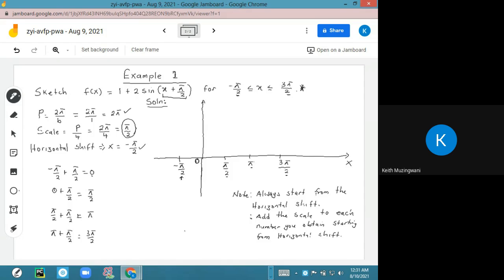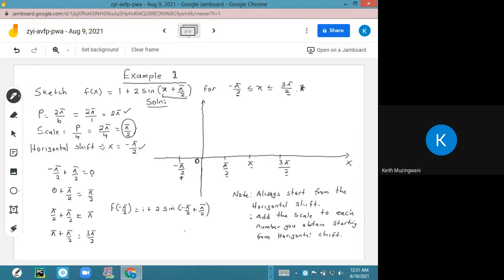So our first one to be looked for is what happens at negative pi over 2. So I'm doing this on the whole function. So you have 1 plus 2 sine of negative pi over 2 plus pi over 2. When you say f of, you go where there is x and substitute that number.